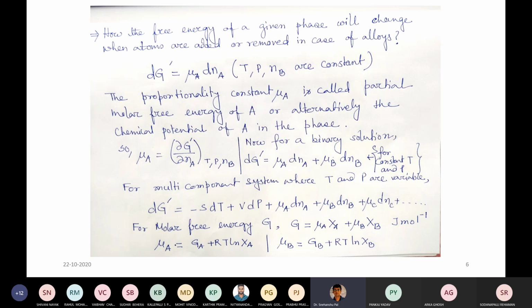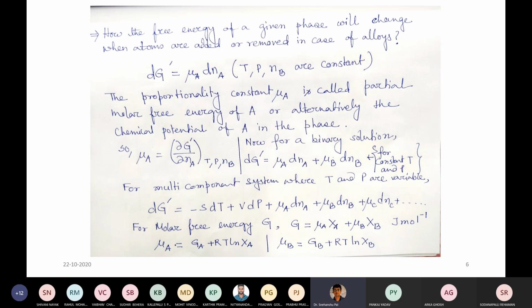Now we are going to vary the temperature and pressure, and go for a multiple component system. There you can write dG dot equals minus S dT plus V dP plus mu A dNA plus mu B dNB plus mu C dNC, for any n number. The number of components will be the factor. You can decide how many terms you are going to include in this kind of expression.